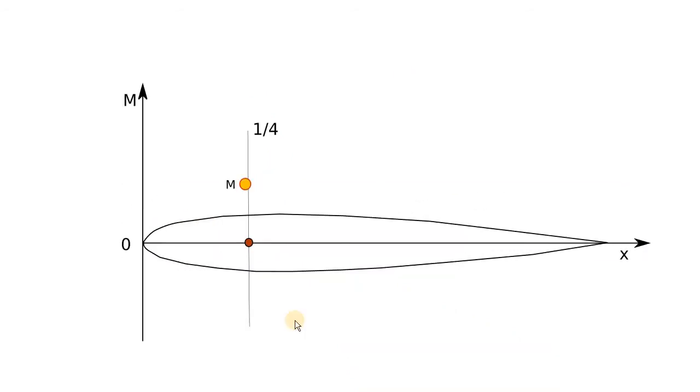Now let's talk about some common misconceptions in this subject. Let's assume we are a zero-dimensional creature living on the quarter chord point. We live here, and we get the moment number from different software, say XFoil or maybe from somewhere else. By looking at this number, which may be positive, negative, or zero, we make a judgment about this airfoil.